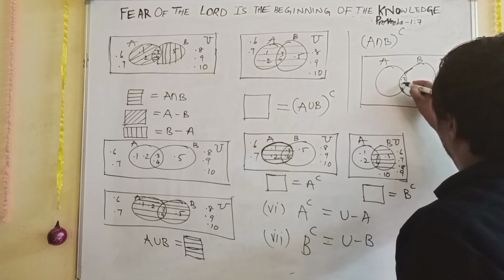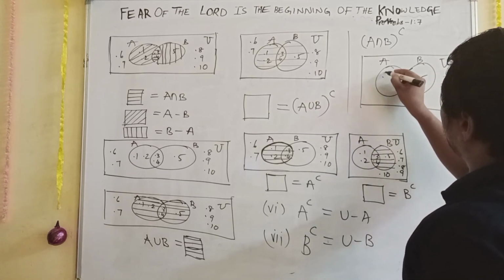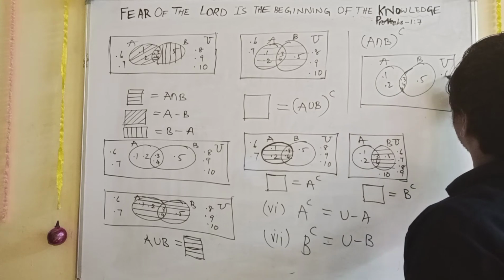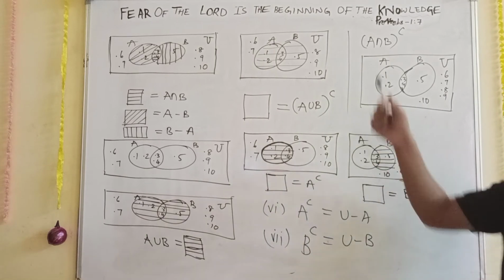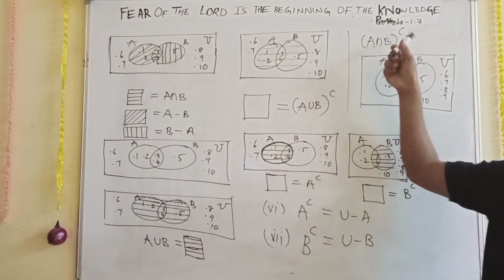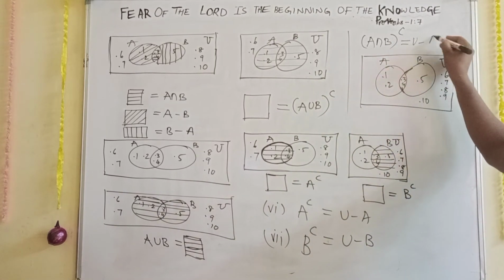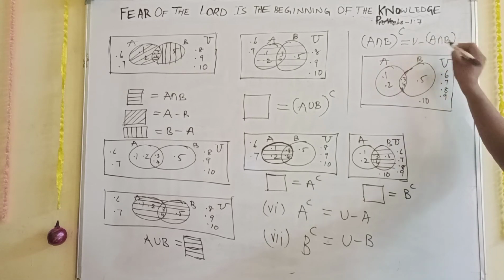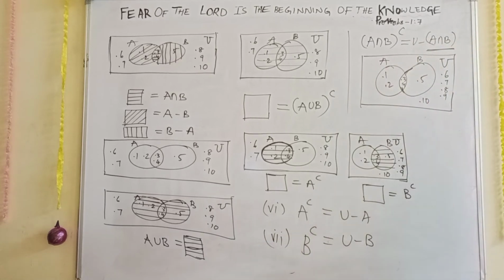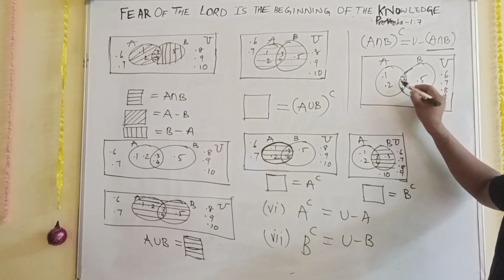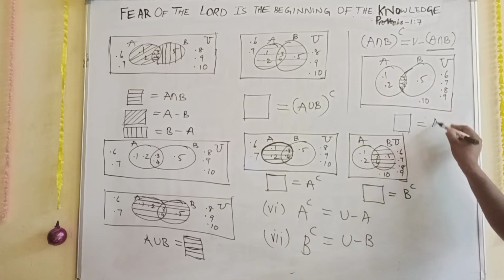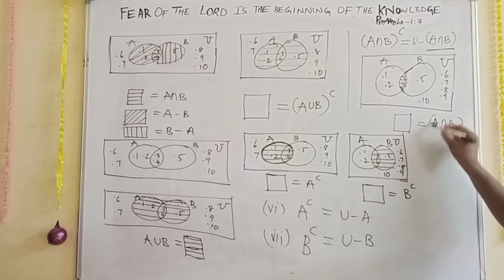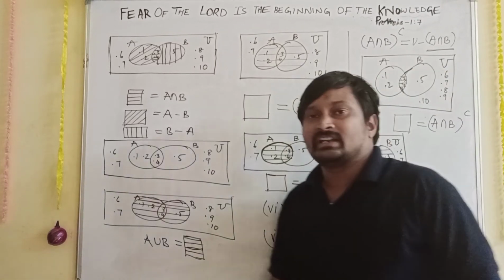So it is 3, it is 4, 5, 1, 2, 6, 7, 8, 9, 10. In this, observe carefully now. A intersection B complement means U minus A intersection B. The total A intersection B should be removed. So now let me keep your lines. Whichever is left, that whole empty place is A intersection B whole complement. So you have understood now.